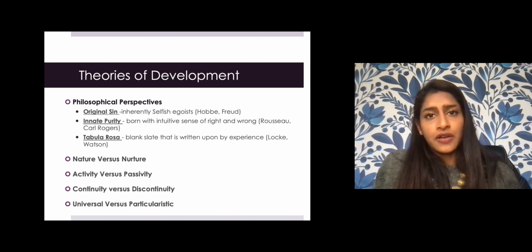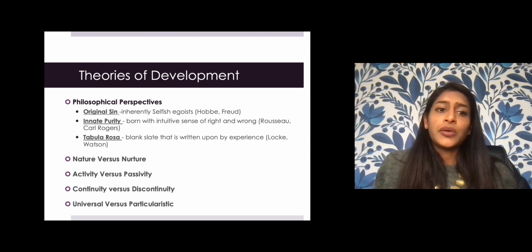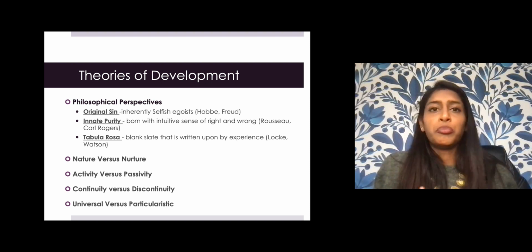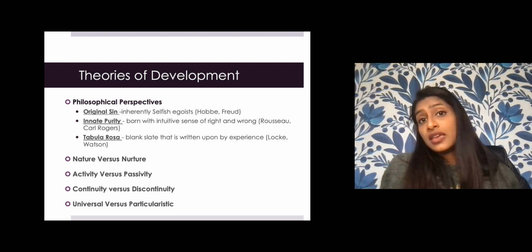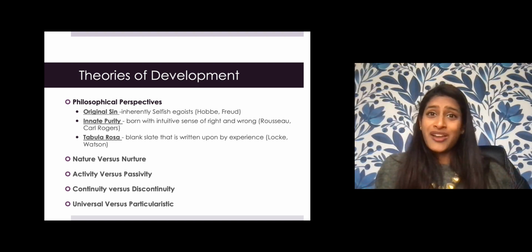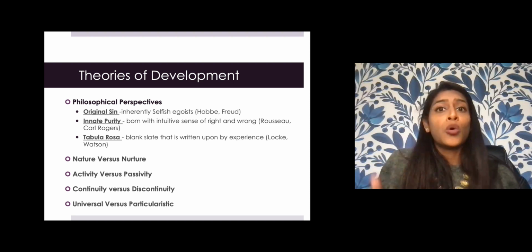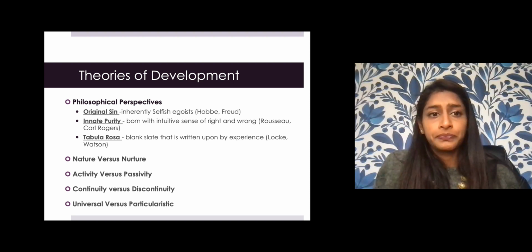The last theory of development is related to tabula rasa, or what we call a blank slate. Children are basically born as this blank slate, and we, as parents, as society, then teach children, right? We are the ones that mold them into who they are.